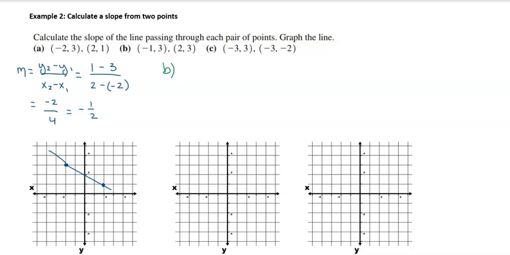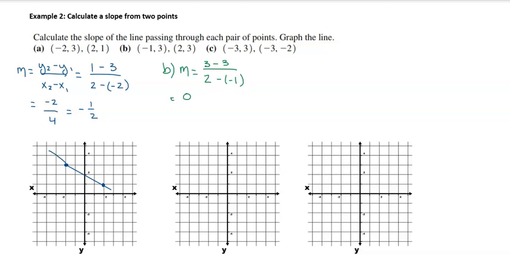B is going to be m equals, and I'm going to run out of space, so I'm going to skip the y2 minus y1, but I'm going to take the second y value minus the first y value over, now I already see 0 is going to be on top, so I could probably stop there, but I'm going to keep going, 2 over, or minus negative 1.